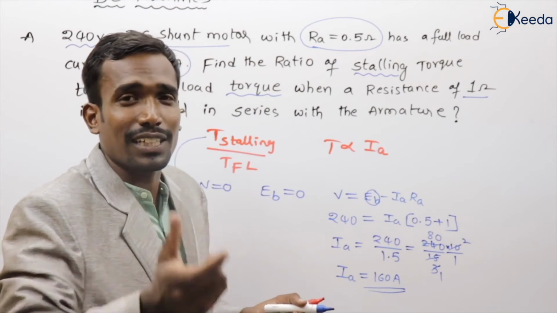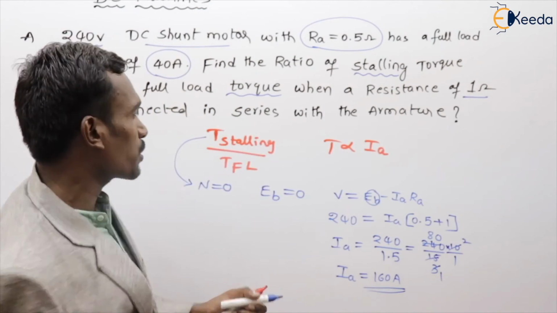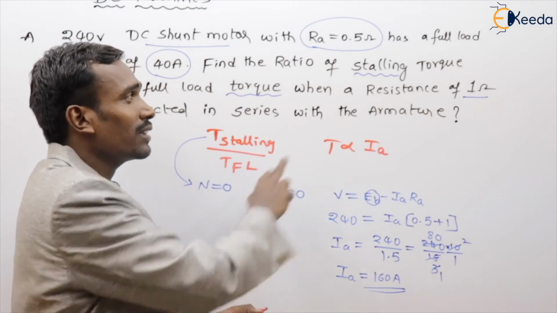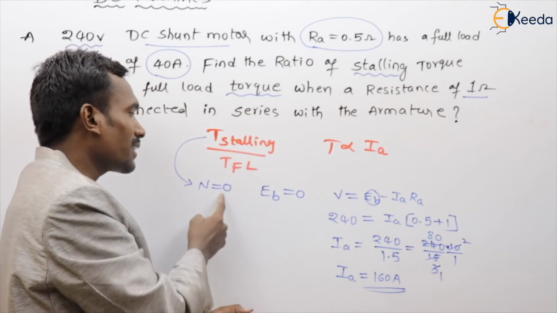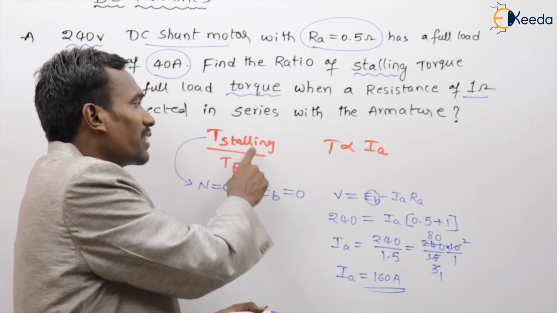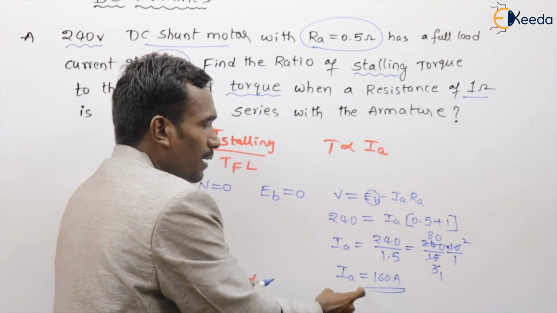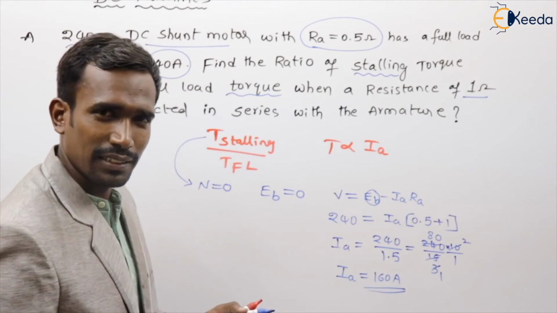When that 1 ohm is added in the circuit, the speed comes to 0. At that condition, the torque is called the stalling torque, and my armature current is 160 amperes.